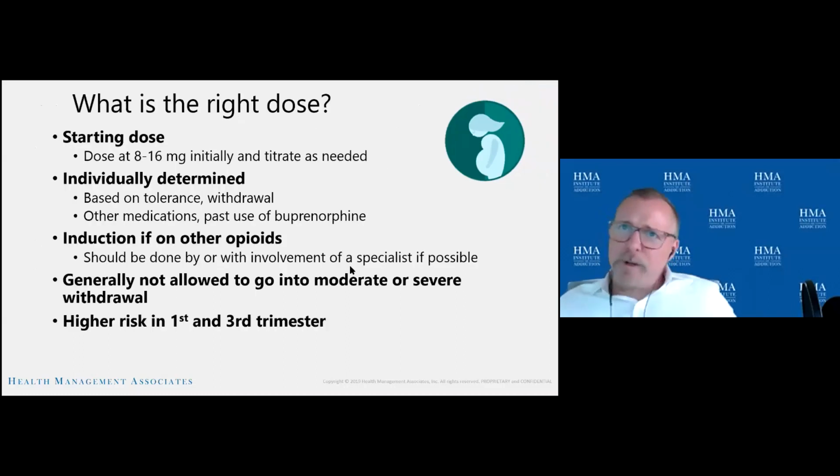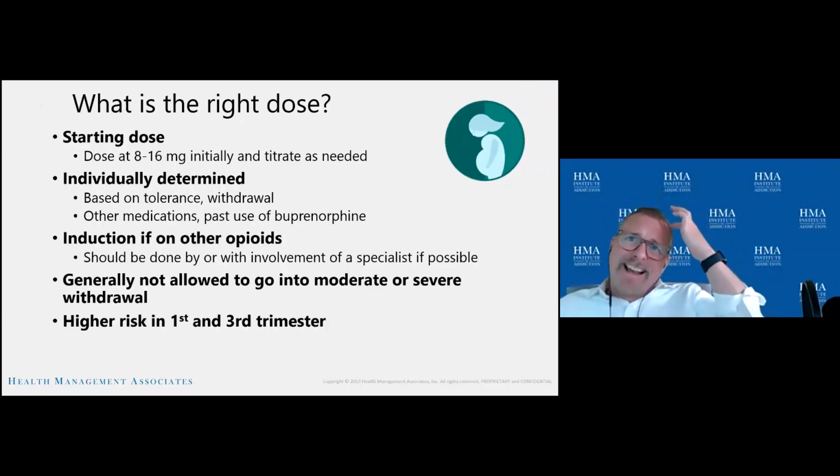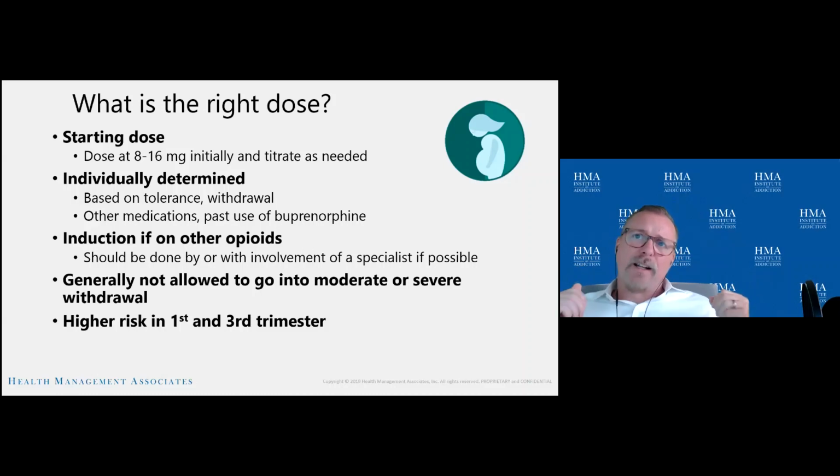The right dose always comes up as a question. And I could spend an entire hour just talking about dosing strategies and what that means, but I'm going to break it down as this. So the Cochrane level database. The Cochrane database is a database in medicine that we utilize once we have a large amount of information about something. They decide to do a Cochrane review, which means they bring together a group of experts.